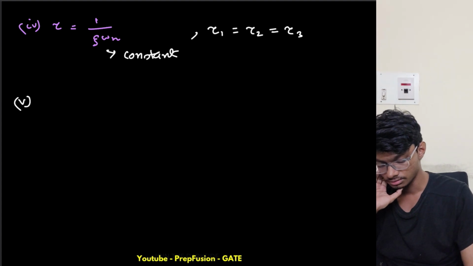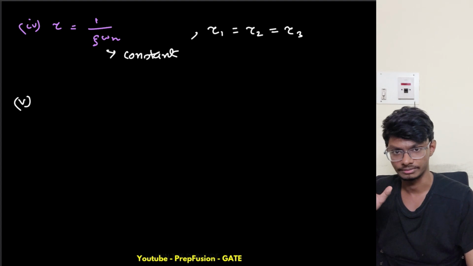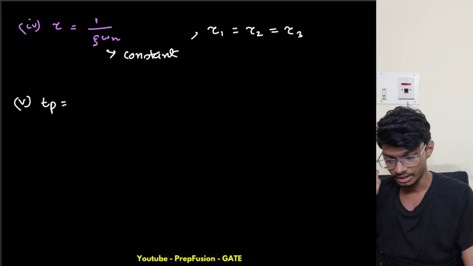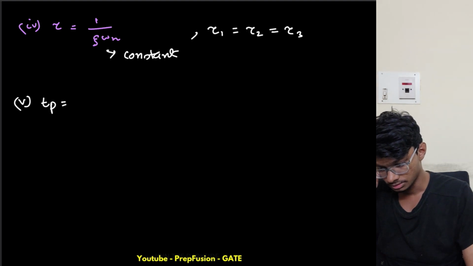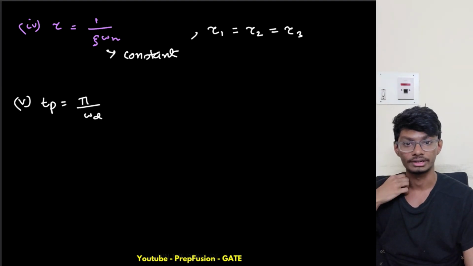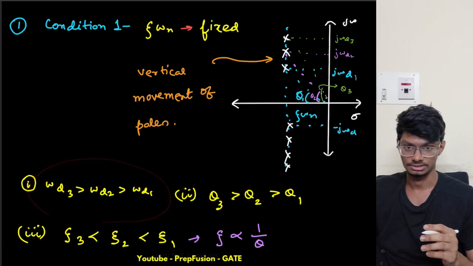So what is my fifth parameter? Let's say I want to find the peak time, TP. So what was my peak time formula? It was pi upon omega d, right? This was the formula for peak time. Now what is happening to my omega d? As you can see, omega d is increasing, right?